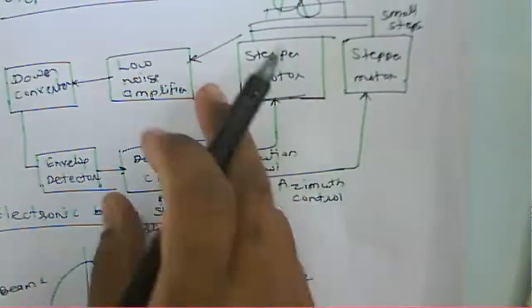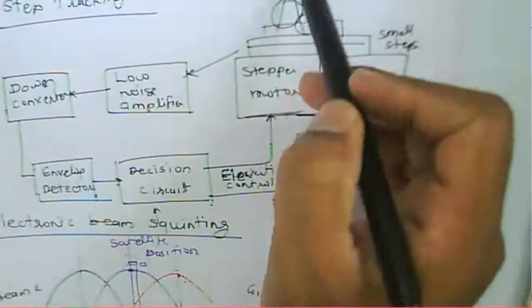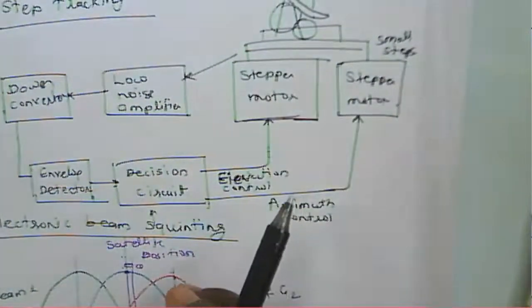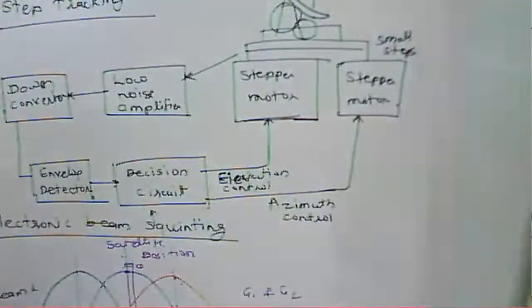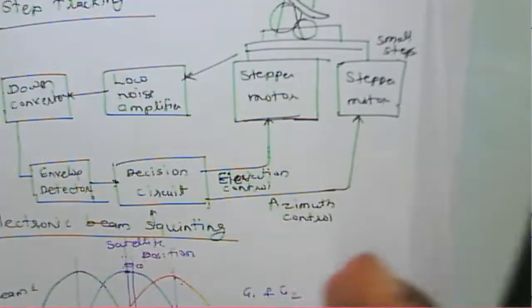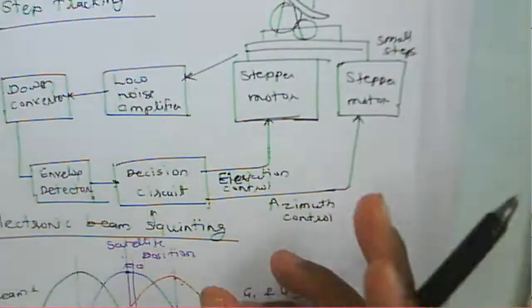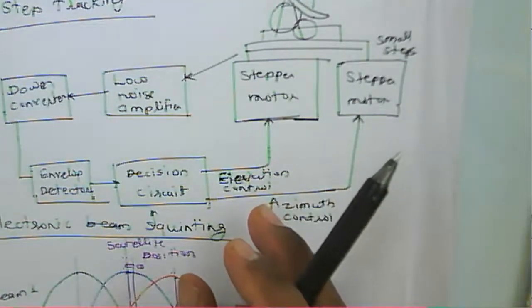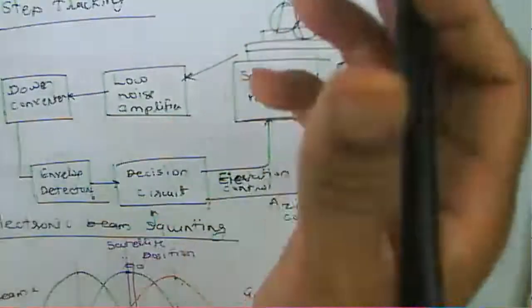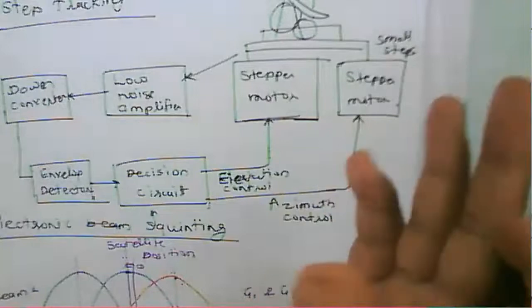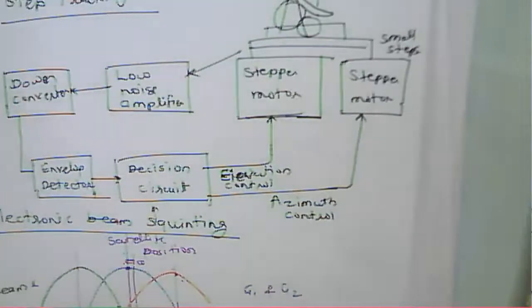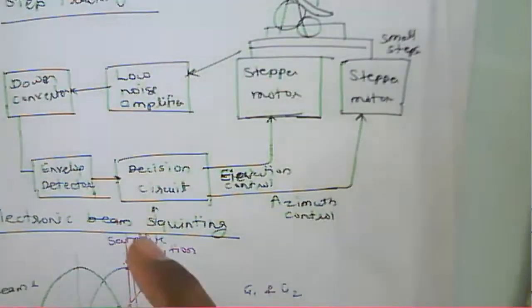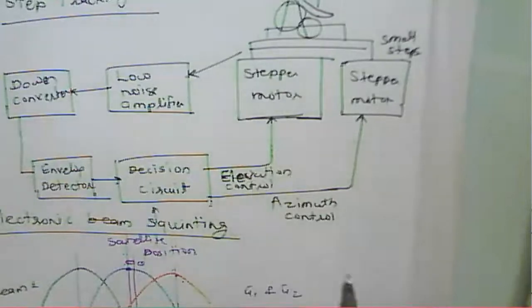So in that case, we need to know the satellite position, or the orbital position of the satellite, that is to be predicted. According to that, disturbances occur in a given particular period of time. Then, according to that particular prediction and strip tracking, we can adjust the position of the antenna with respect to elevation and azimuth.